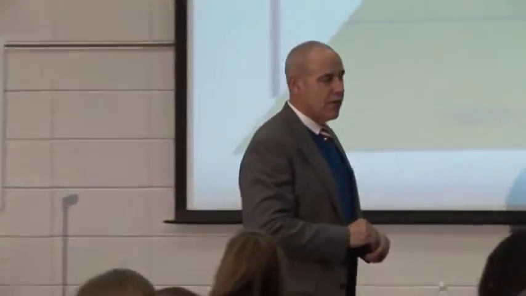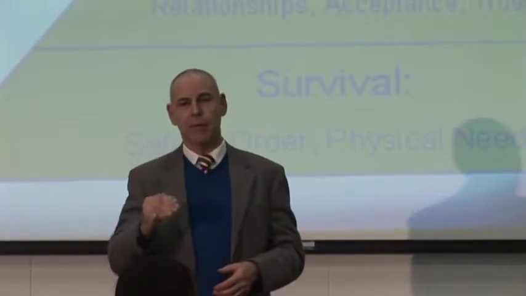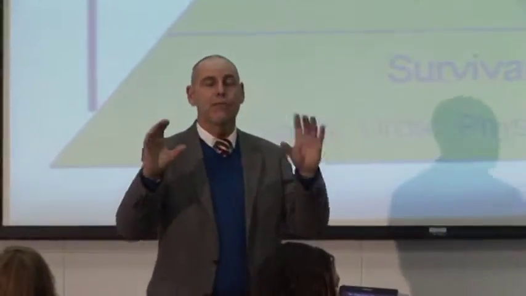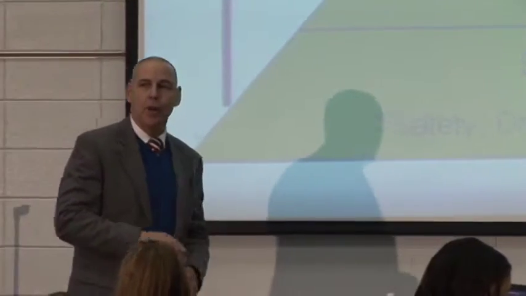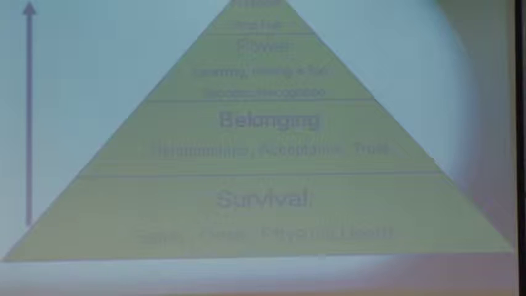Okay, now, earlier we did the internal profile, where you discovered your own internal hierarchy of your needs. Me, love and belonging, huge, power next, freedom, fun, and survival. You all have your own hierarchy. Glasser says it's not a hierarchy, it's an individual hierarchy, not a generalized hierarchy.